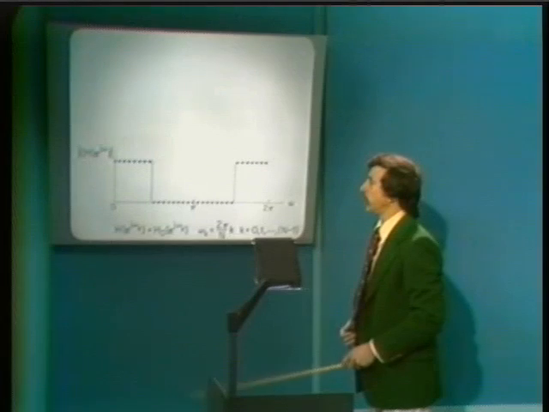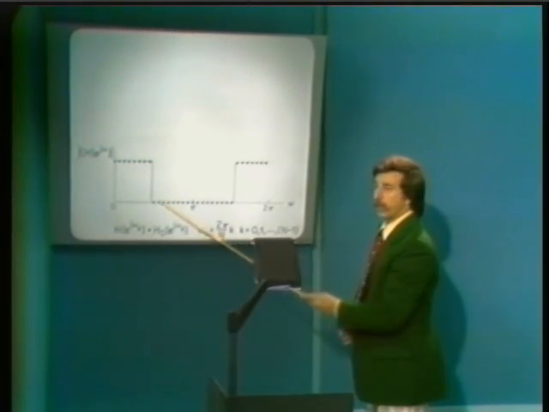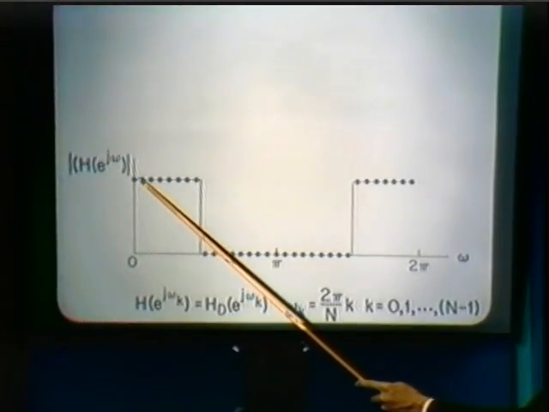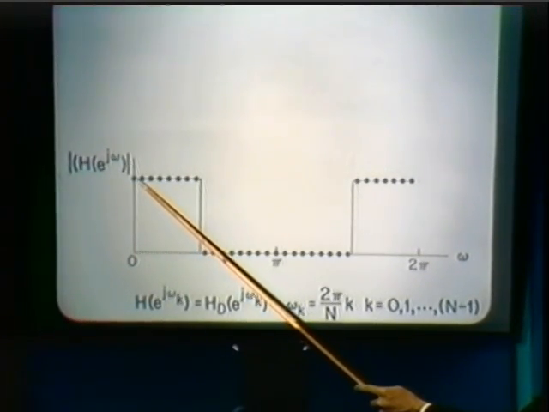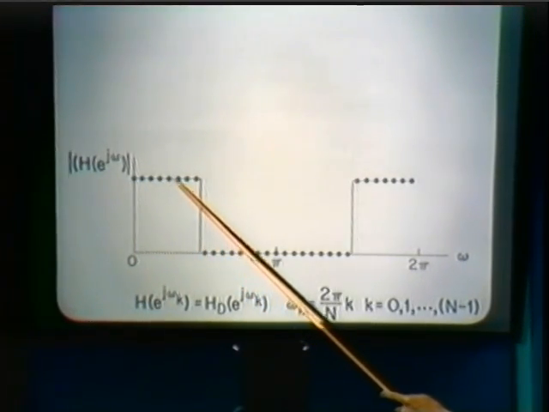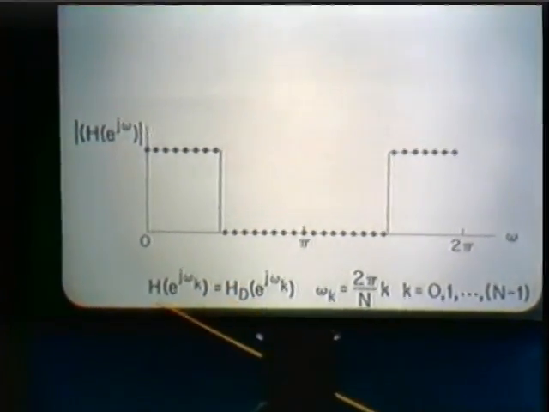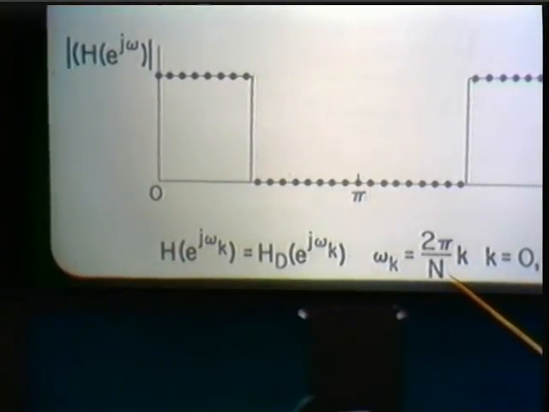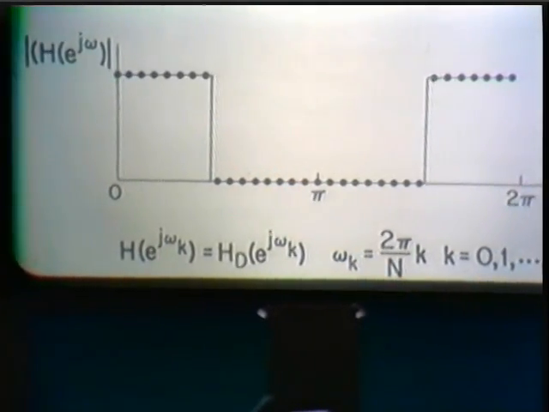So basically, what we're saying is that we can begin with a desired frequency response and specify the discrete Fourier transform of the finite impulse response filter by specifying equally spaced samples of the desired frequency response. So we have then that the actual frequency response will correspond to capital N samples equally spaced in frequency of the desired frequency response characteristic.